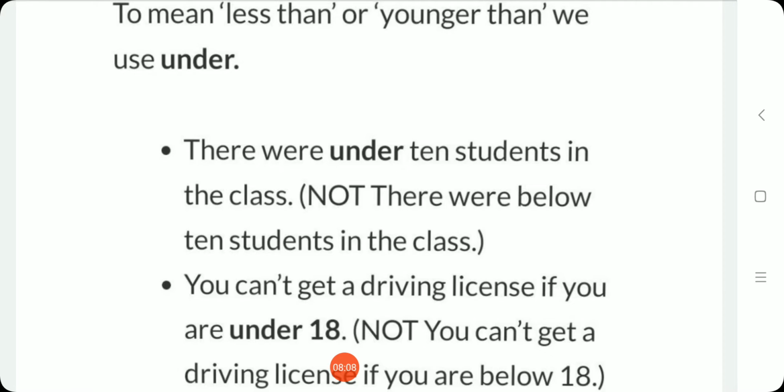There were under 10 students in the class. Not, there were below 10 students in the class. So நம்ம below 10 students தான் இவ்வளோ நல்லா யூஸ் பண்ணியிருப்போம், but that is a wrong usage. What we have to use, we have to use under. So there were under 10 students in the class.